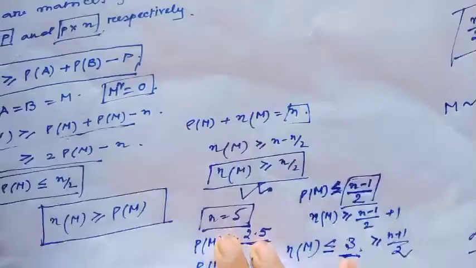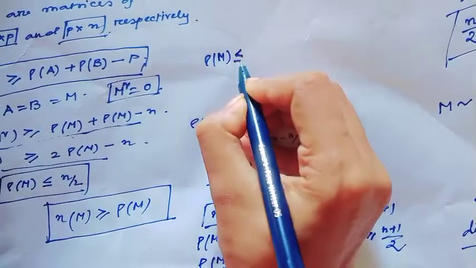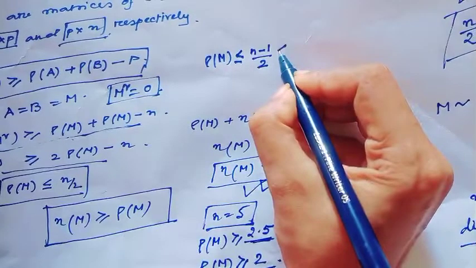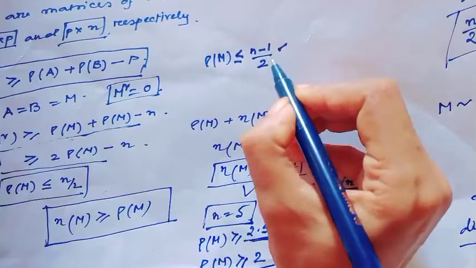So rank of M is less than or equal to n minus 1 over 2.